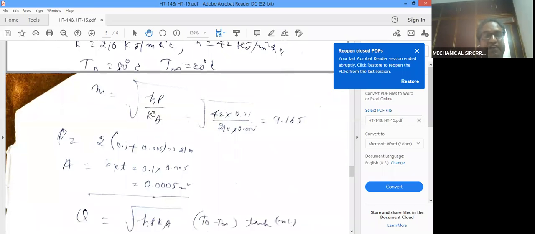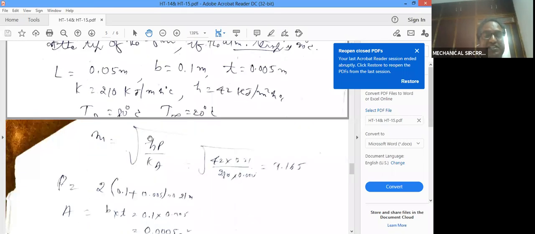How do you calculate the M value? Square root of hP by kA, that is equal to square root of h value 42. Perimeter, how do you calculate? 2 into (B plus T). So perimeter is 2 into (0.1 meters plus thickness 0.005).